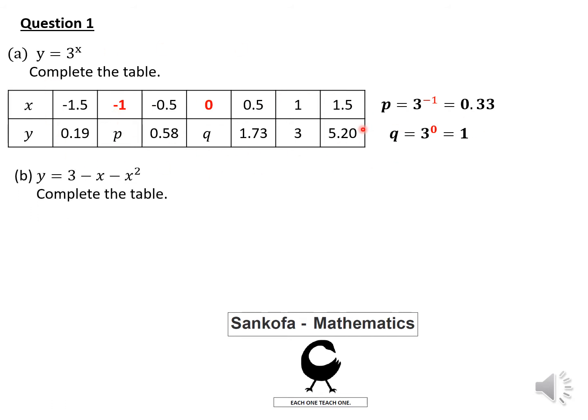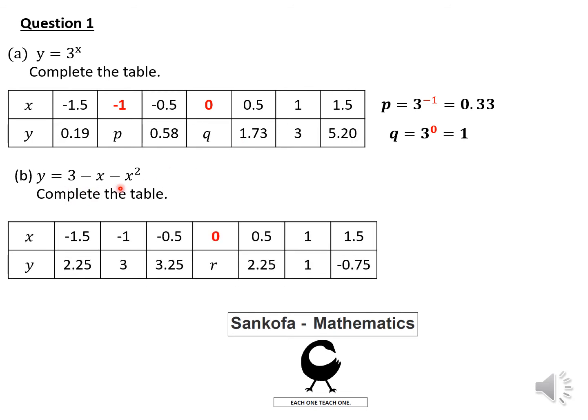But then there's another function here, a quadratic function, 3 minus x squared. Remember from quadratic functions that this graph will typically look something like that, and the exponential one will look something like that. We're going to draw them on the same grid.